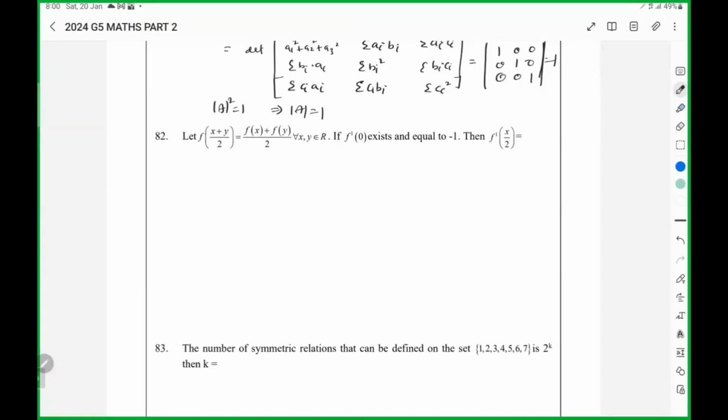Here, f of (x plus y) by 2 is what? f dash x, how is it defined? Basic derivative of the function f. Here we have to use the definition. I need 2 in the denominator.